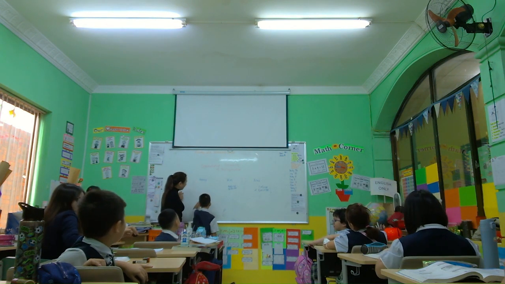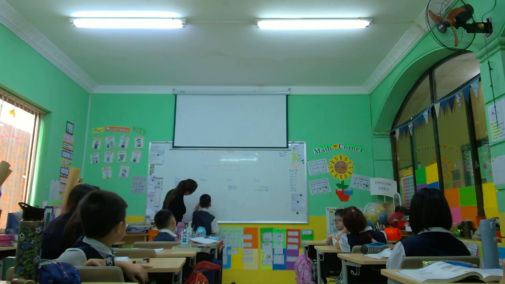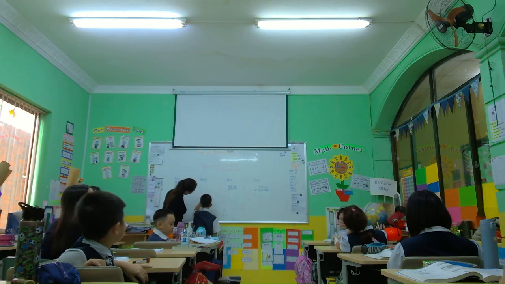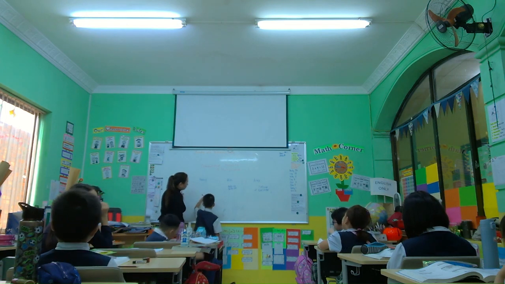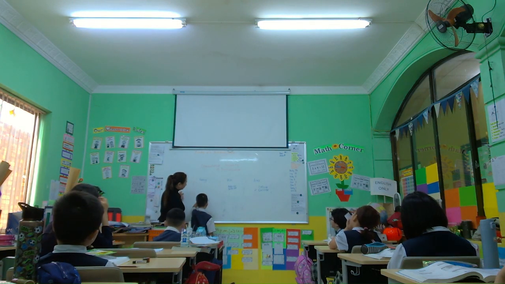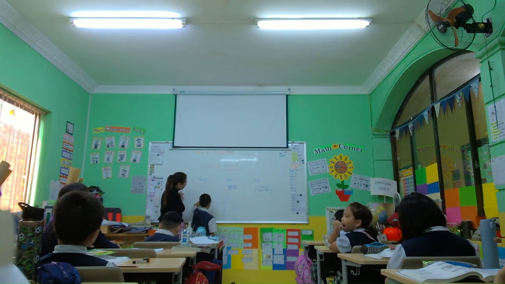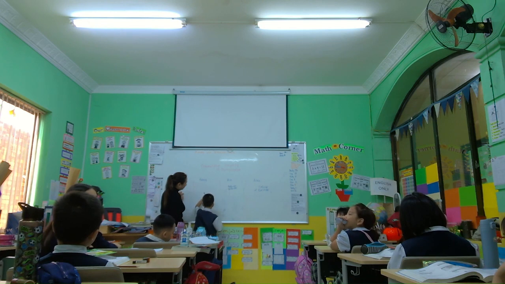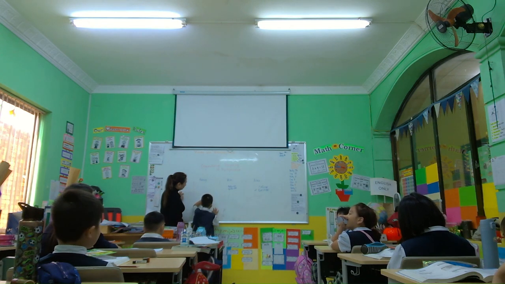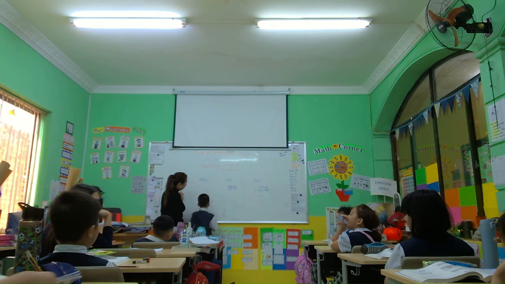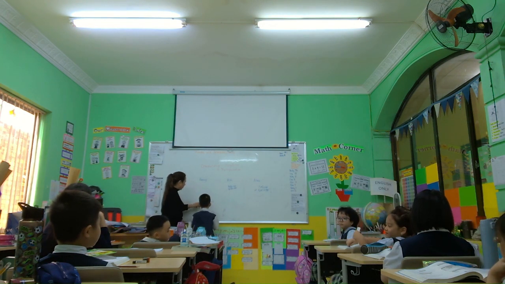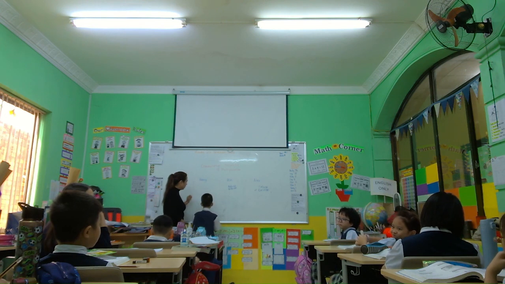Maybe 9 times 1. 1 times 9 is equals to? Win, you got a mistake. 9 times 1 is equals to how much?